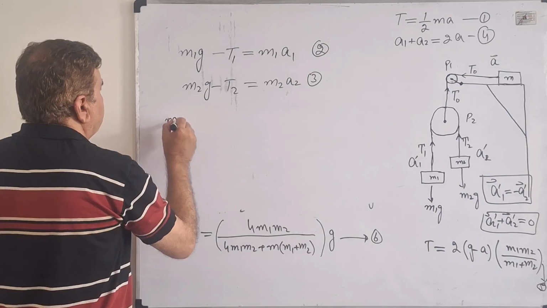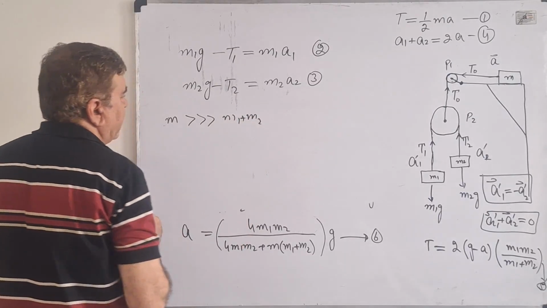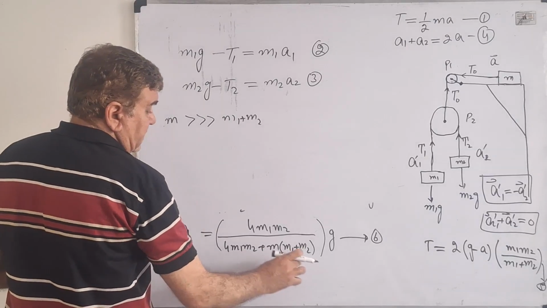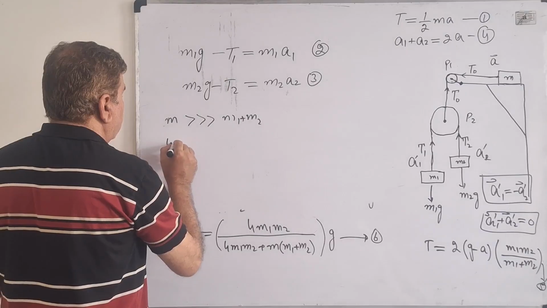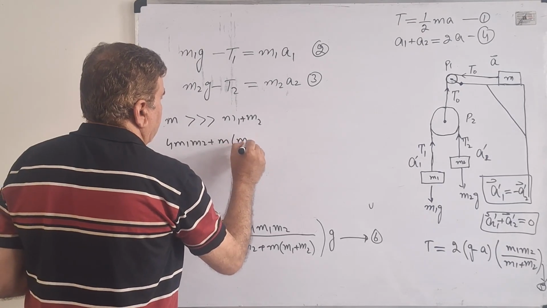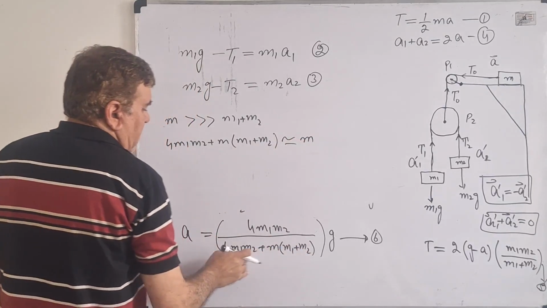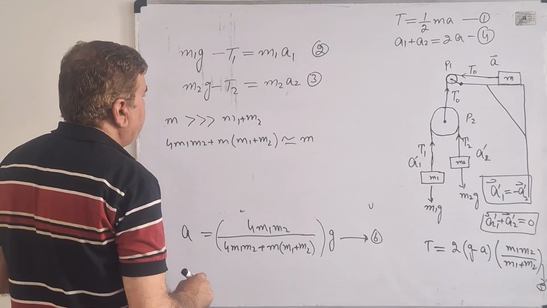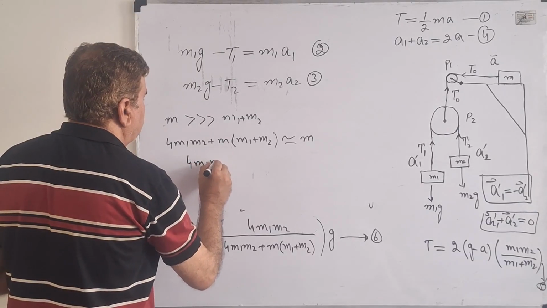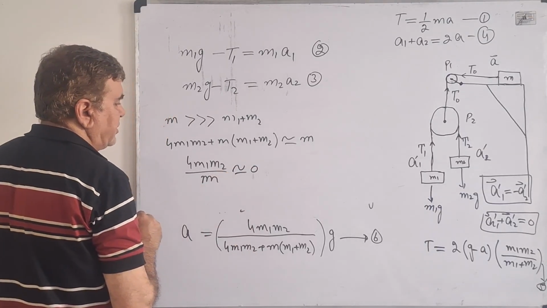In 4 m1 m2 plus m times (m1 plus m2), the 4 m1 m2 term would have no much contribution, so the denominator is approximately m times (m1 plus m2), and 4 m1 m2 divided by it would be approximately equal to 0.